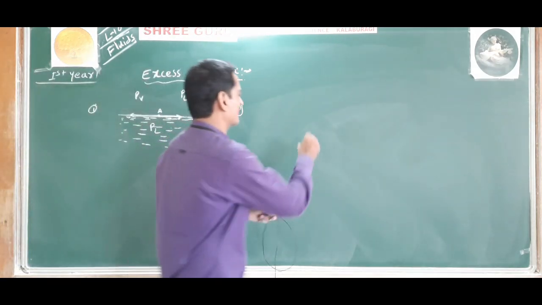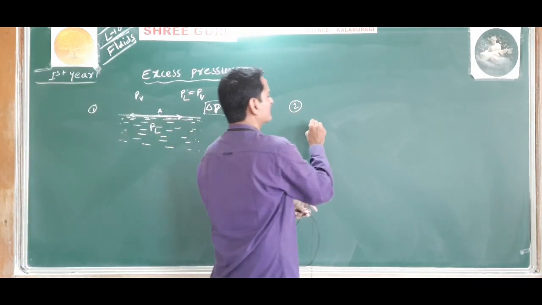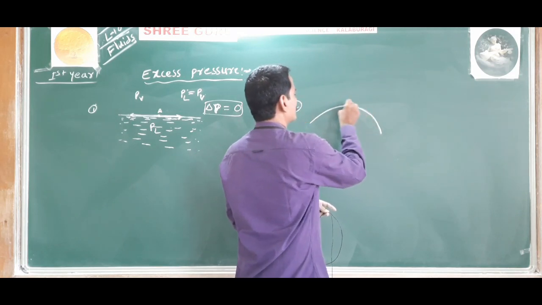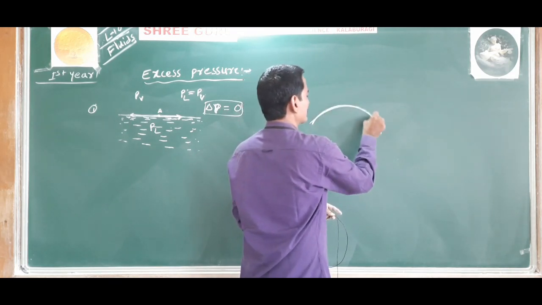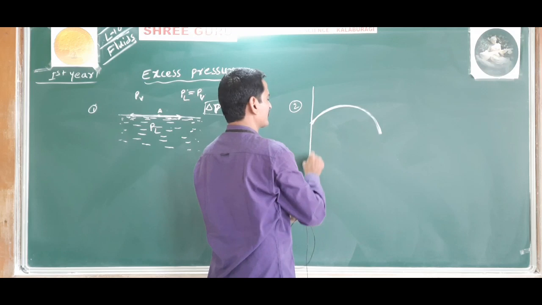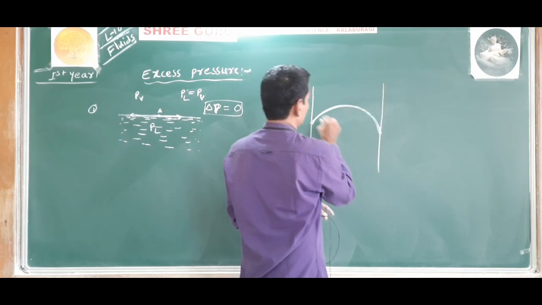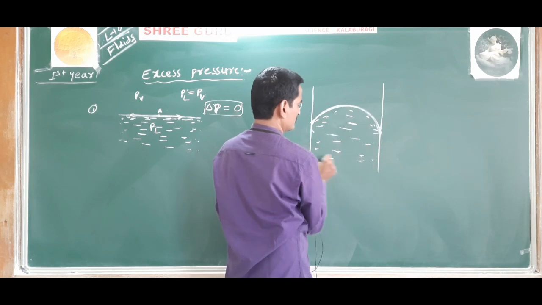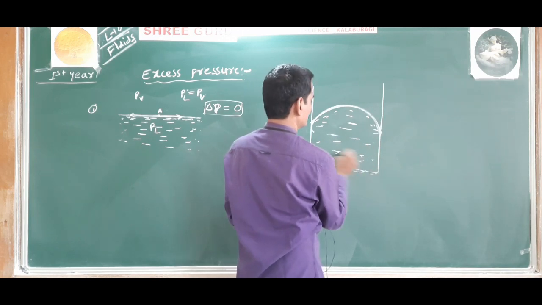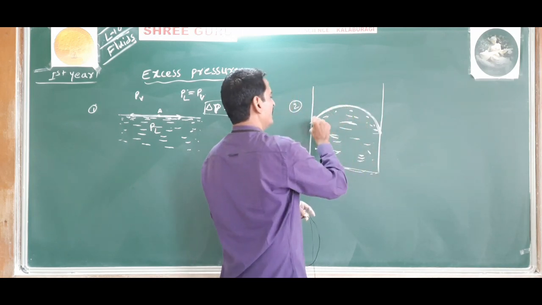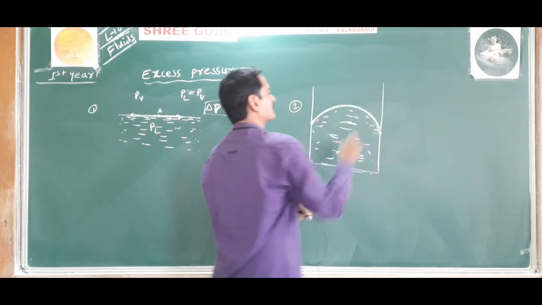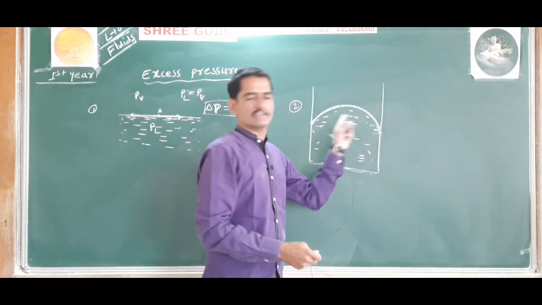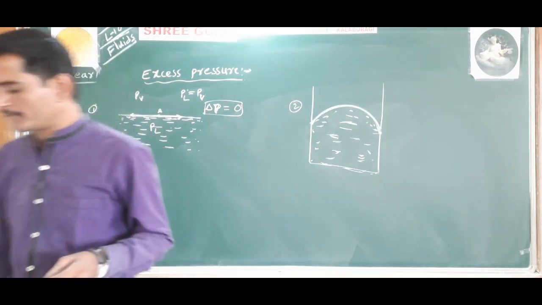Now let us consider the second case. If the liquid surface is convex like this. Here there is a liquid, and the free surface of the liquid is convex.